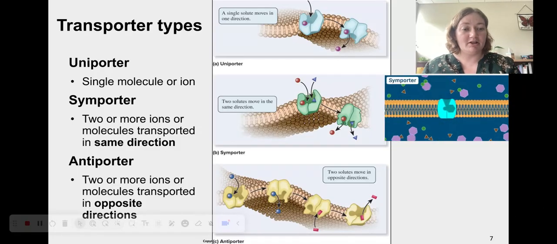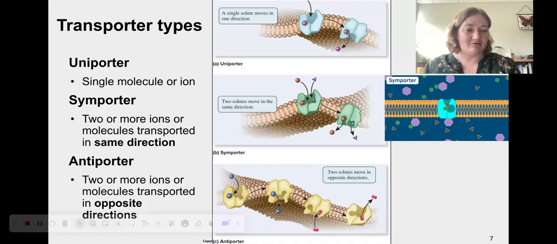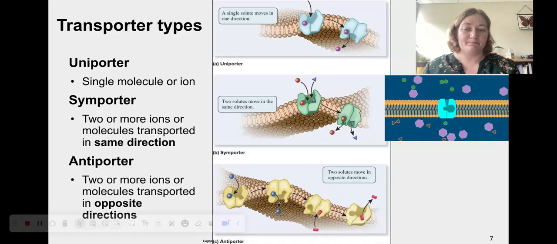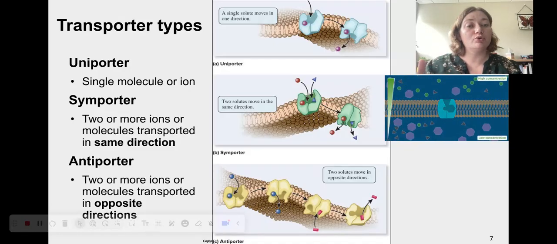So instead of just one molecule coming in, right, now we're going to have two. We see this small green one has bound there. It's waiting for the right other molecule. There it goes. Changes its shape. They're both released on the other side. So symporter, two or more ions or molecules transported in the same direction at the same time.